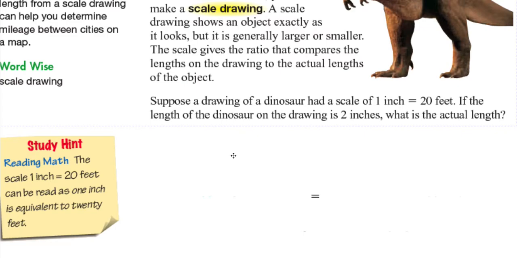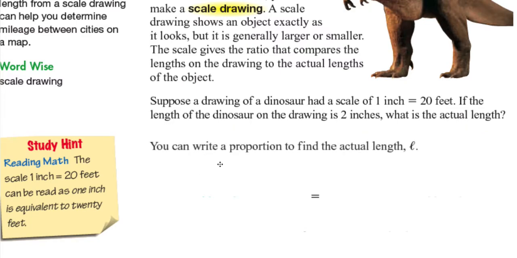You can write a proportion to find the actual length L. So our scale will be length in drawing, which is 1 inch, we talked about that, over actual length, which is 20 feet. That's our scale.